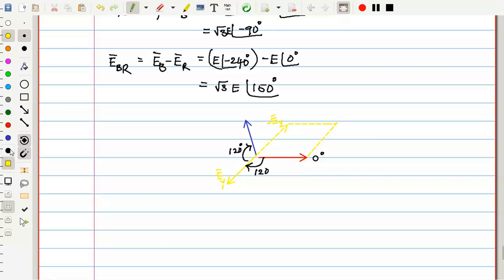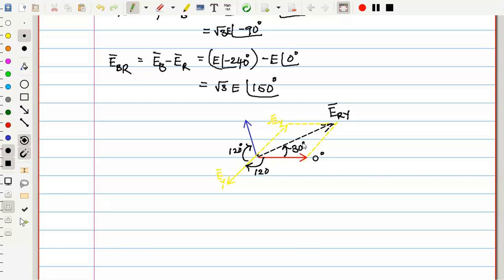The diagonal shows the resultant voltage, and this is the diagonal. So this diagonal shows the ERY. Now try to see that ERY angle is 30 degrees. This is the 30 degrees plus 30.